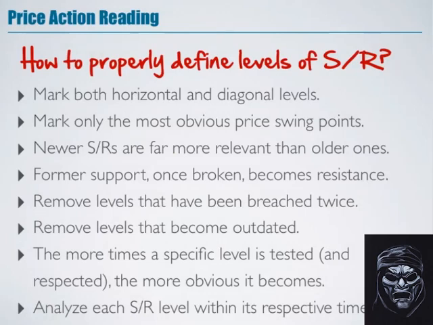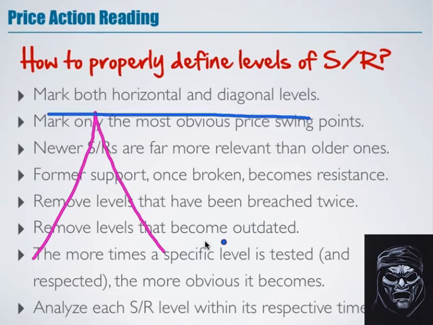Okay? Now, let's talk about a concept that I'm sure you are familiar with already because I've mentioned it a number of times through my videos and through previous modules. That's the concept of former support once broken becomes resistance, and the opposite holds true as well. Former resistance once broken becomes support. Basically, that means that if you have a significant swing point, for example to the upside, that gives you the opportunity to mark a horizontal level of resistance.